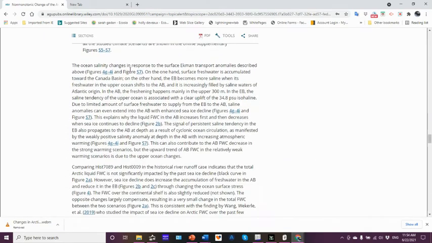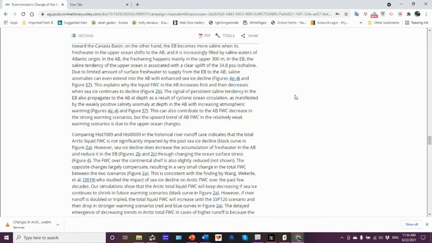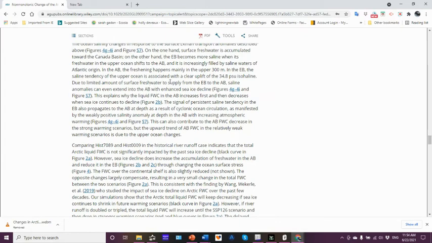The ocean's salinity changes in response to surface Ekman transport, described above, as I just showed you. And then they go through a whole bunch of explanations here. On one hand, freshwater at the surface is accumulated toward the Canada Basin. On the other hand, the Eurasian Basin becomes more saline. When it's up, freshwater in the upper ocean shifts to the Amerasian Basin, increasingly filled by saline waters of Atlantic origin.